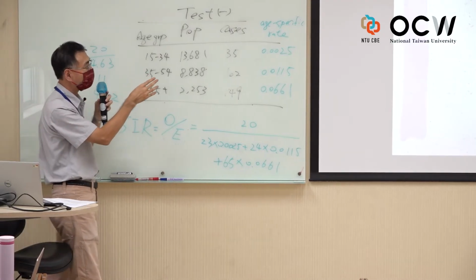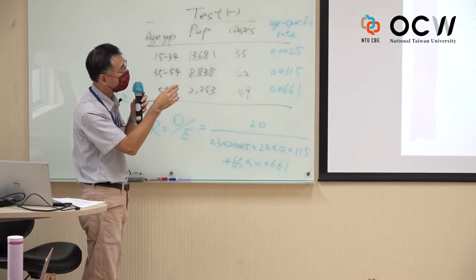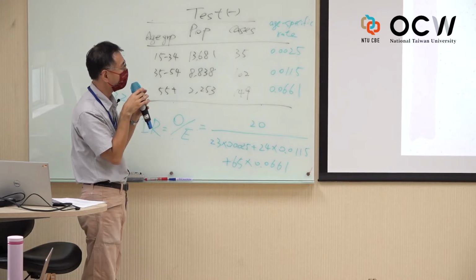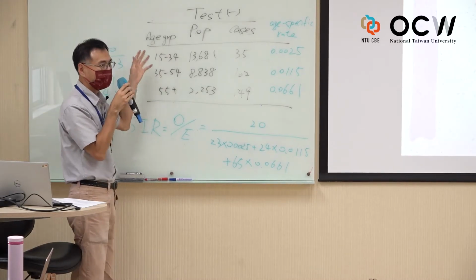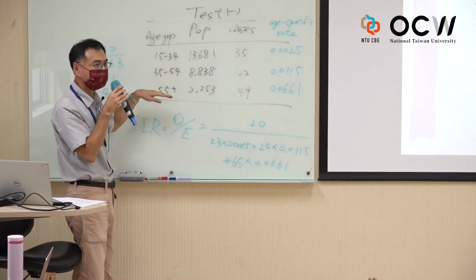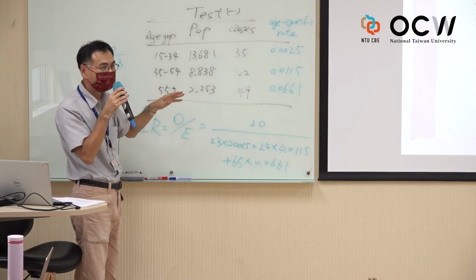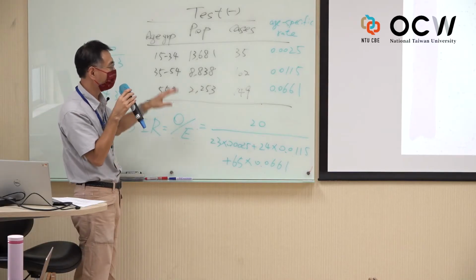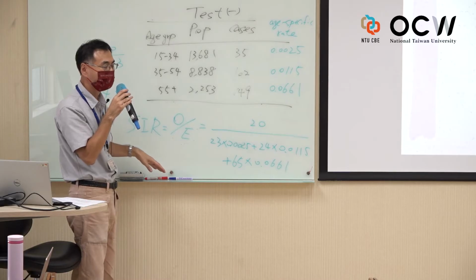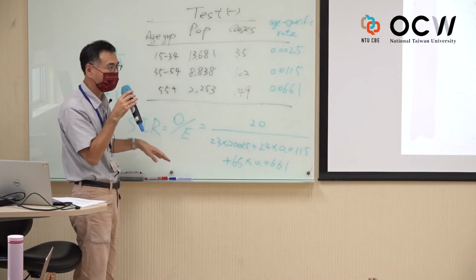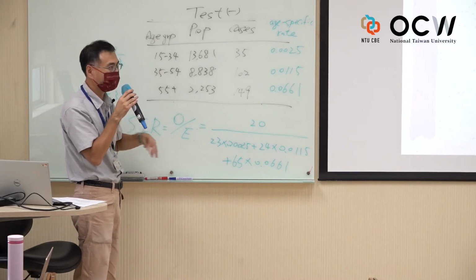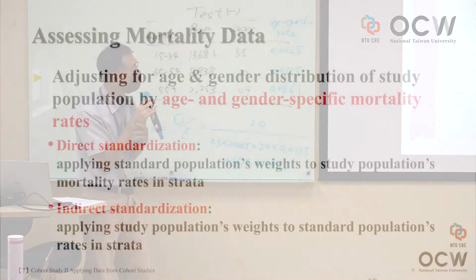If you want to split them into age and gender specific mortality rates, then as an example here, we have 3 strata, but if you want age and gender specific, then we have 6 strata. We double the number of strata here.